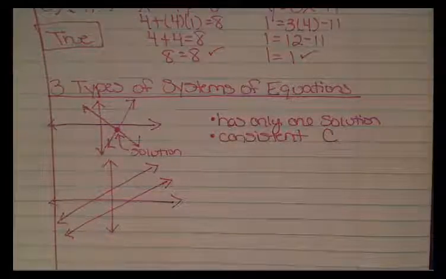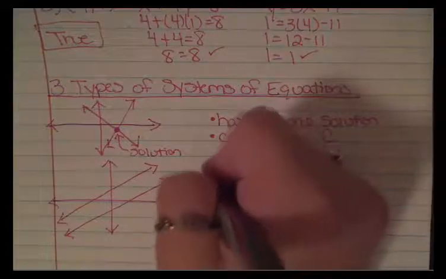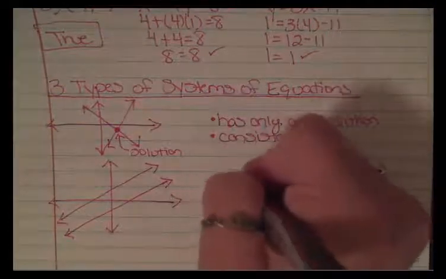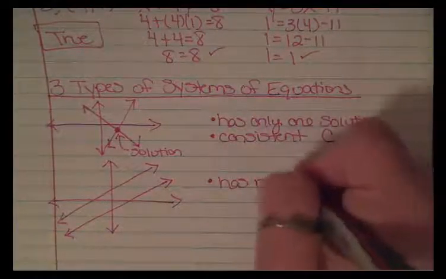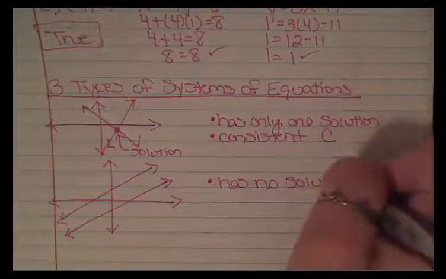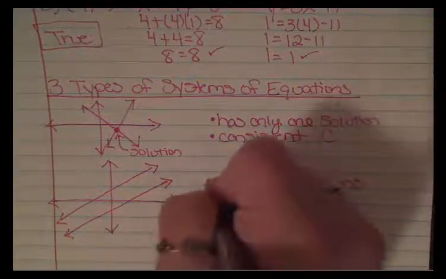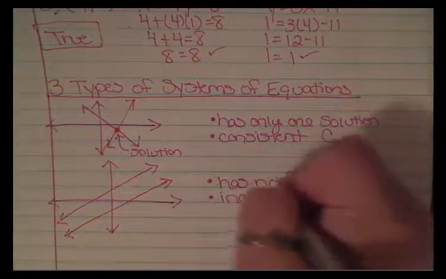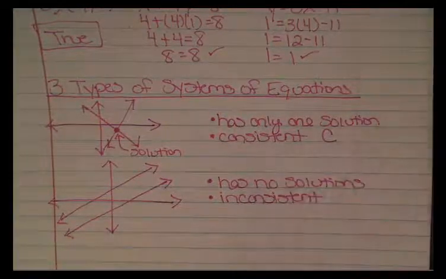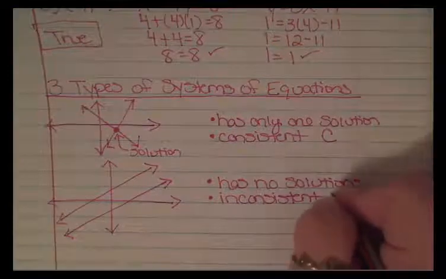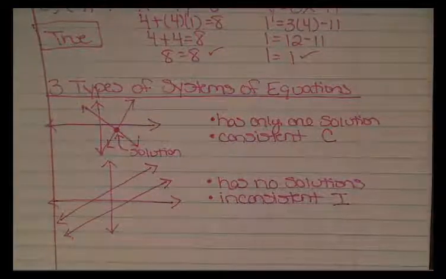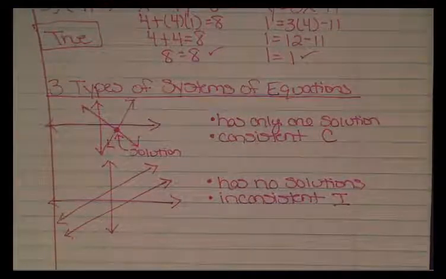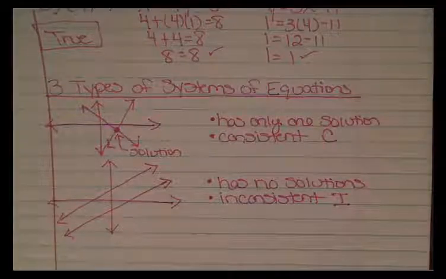So these have no solutions because they're never going to intersect. And these are called inconsistent. Sometimes I will abbreviate them just with a capital I. So these are parallel lines. They're never ever going to cross, so you're never going to have a solution for these.